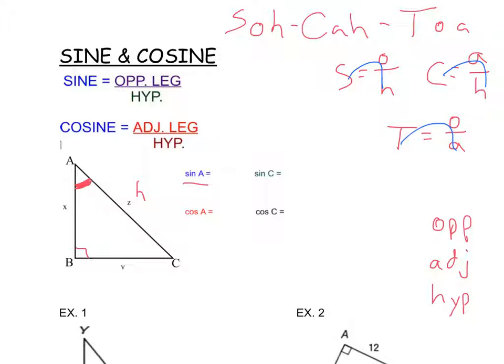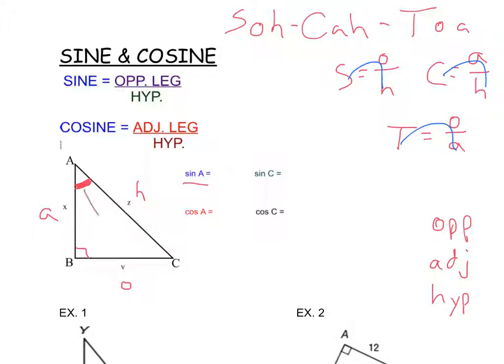Now from angle A, the opposite side is going to be this segment right here. The adjacent side is the one right next to it. Sorry, not an H, it should be an A. Okay? That's where we get hypotenuse, opposite, adjacent.